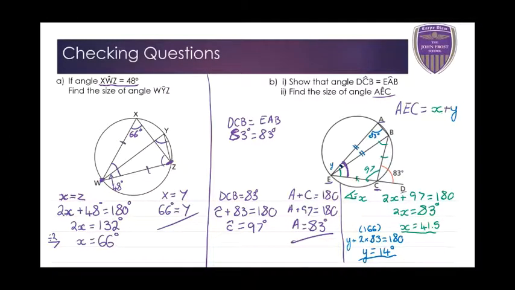X plus Y. So AEC equals 41.5 plus 14. So it equals 55.5 degrees. Okay, and that's your final answer for the angle AEC.